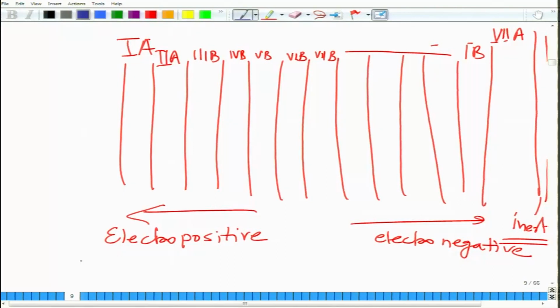Electropositive elements are the elements which have tendency to donate or to give away their extra electrons, which are basically the incomplete shell, incomplete number of the extra electrons which are lying in that shell. And these electronegative elements have a tendency to accept.